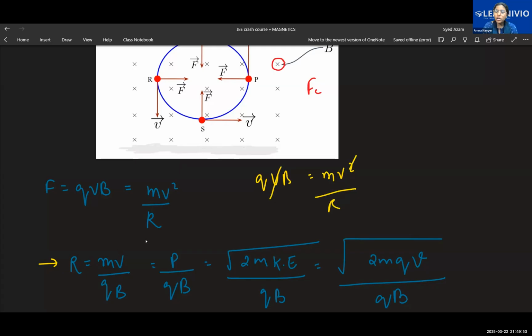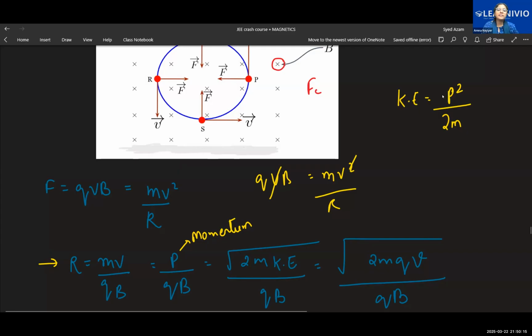Now, mass into velocity is momentum. So this is momentum. Now, if you remember, kinetic energy is another formula, P square by 2m. Have you heard of this? P square by 2m. Yes.